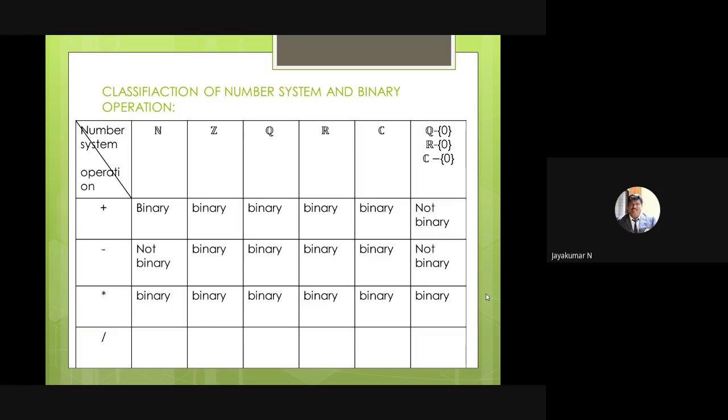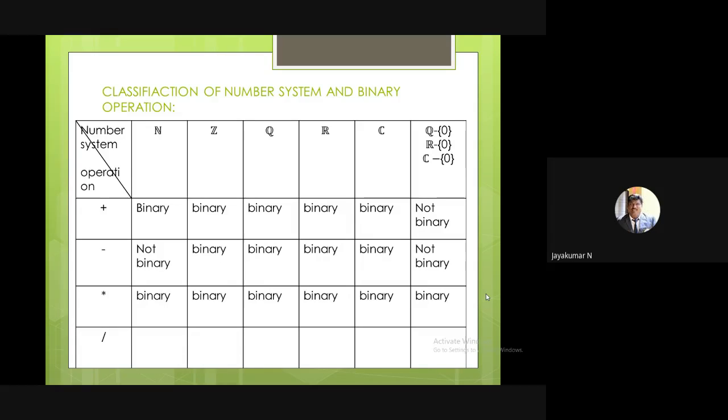See, try to think: choose two positive integers, then divide them. It may be a negative integer, or it may be rational, or it may be irrational. There is a possibility of getting a negative integer or rational or irrational. If it is possible, then not binary.